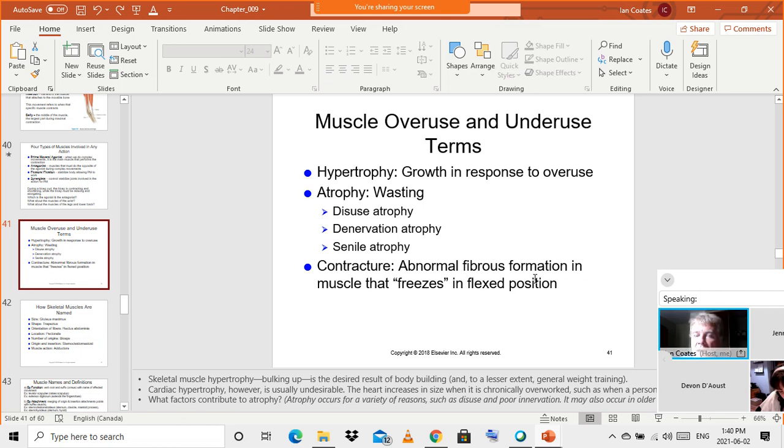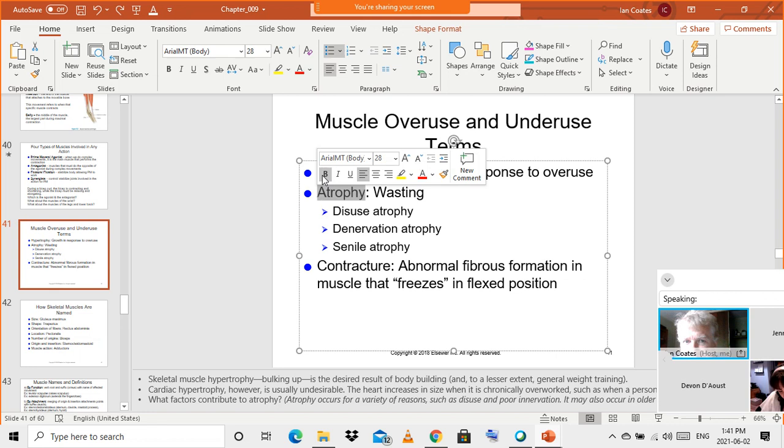Again, there's your Latin. Hyperthermia, increased temperature. Hypothermia, decrease in temperature. We'll get into atrophy. Before I get into hypertrophy, I'm going to get into atrophy.